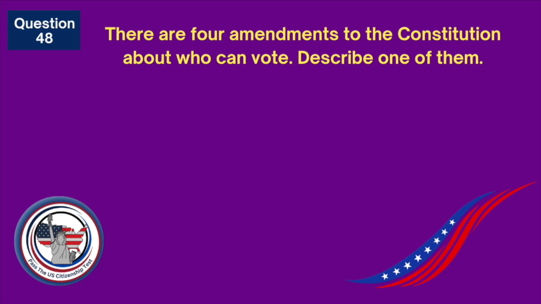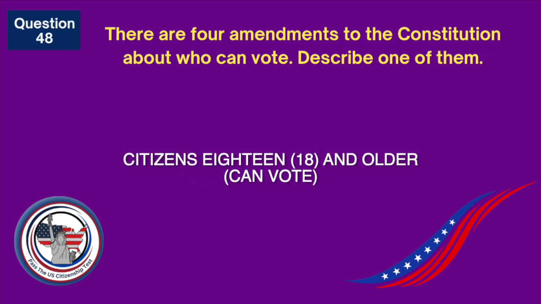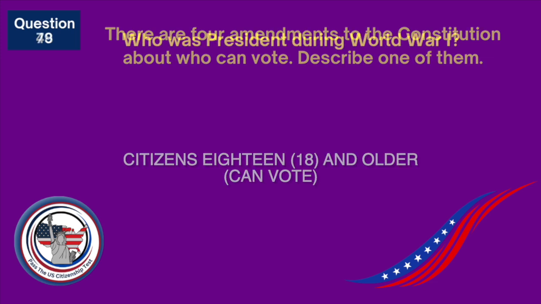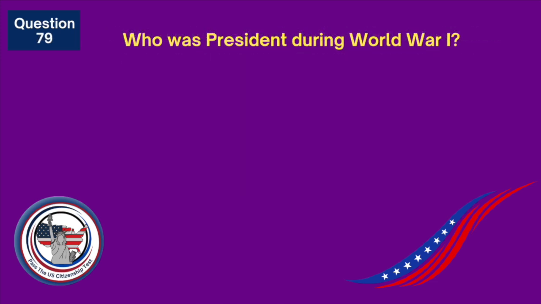Describe one of them. Citizens 18 and older can vote. Who was president during World War I? Woodrow Wilson.